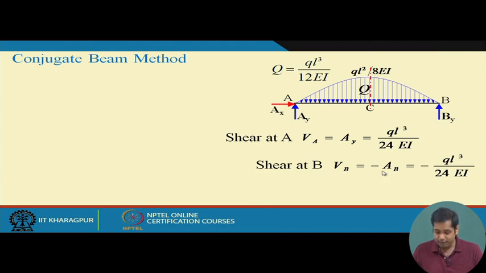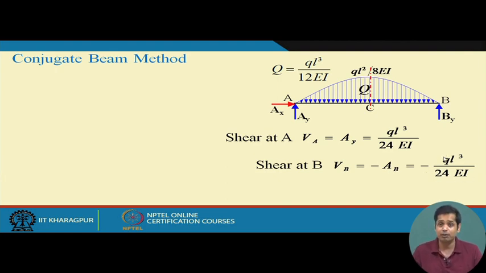Shear at B will be minus By because of our sign convention: shear which produces a clockwise couple is positive. But By is taken upward positive here, that is why shear will be minus By, and this is equal to minus QL cube by 24 EI.